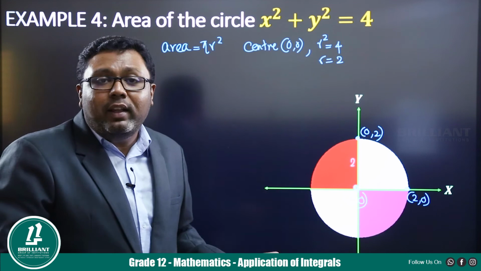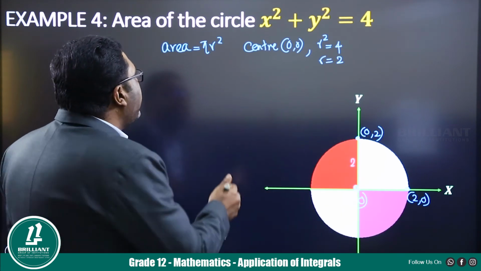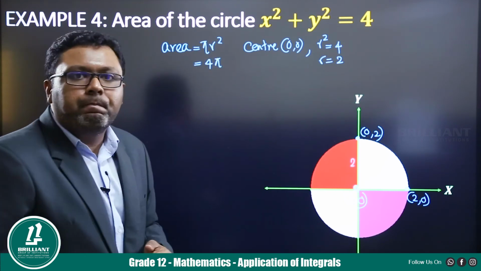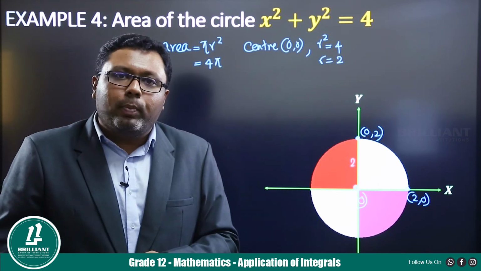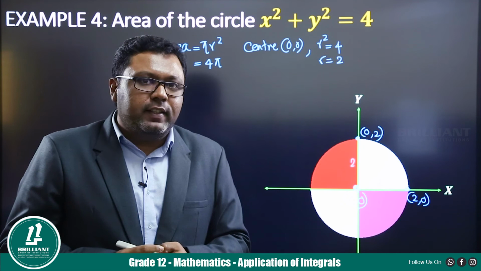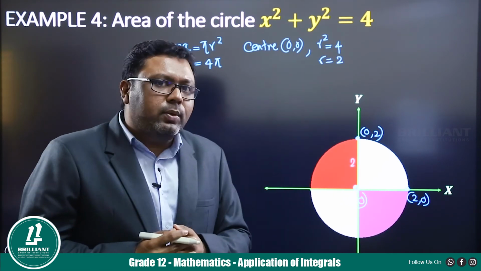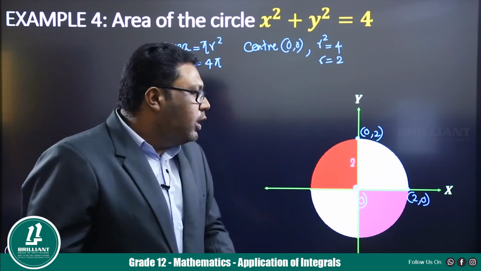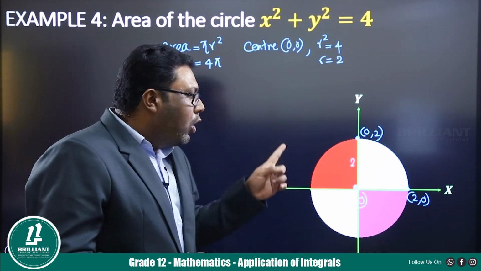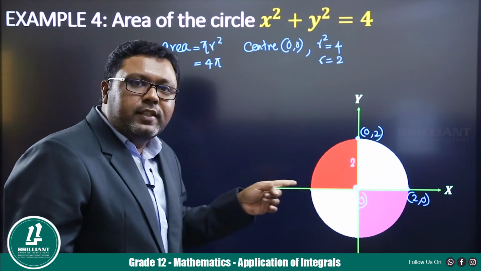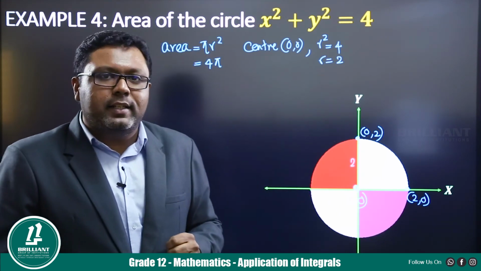Now I want to find the area of this circle. According to pi r squared, the answer is 4 pi. How can I do this with integrals? You can see that the circle is with center 0, 0 and the axes divide the circle into 4 equal parts.